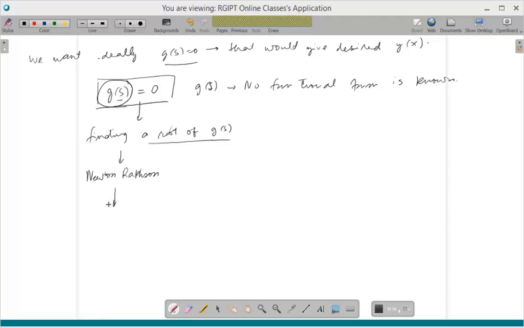Well, there's an extension of Newton-Raphson called the secant method, for such situations where you need not know the functional form.